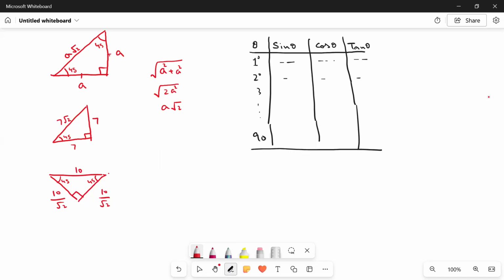In the case where you see a triangle like this, and you know that this is, let me call it 8, and this is 8 under root 2, and this is 90 degrees, you can see the ratio between these two sides is 1 to under root 2.